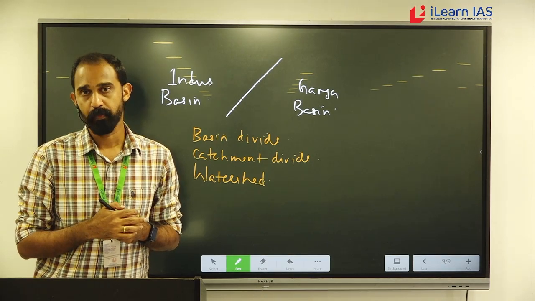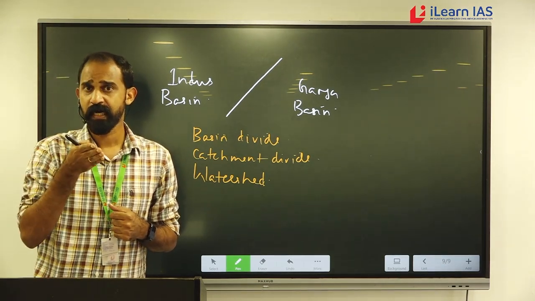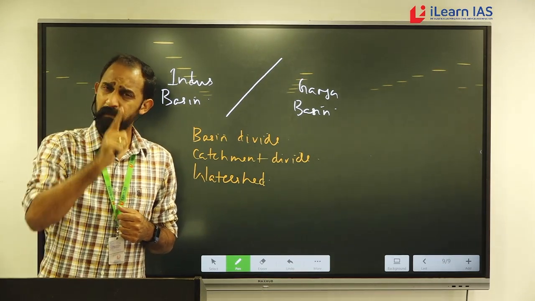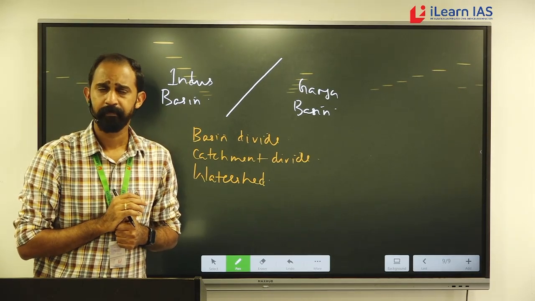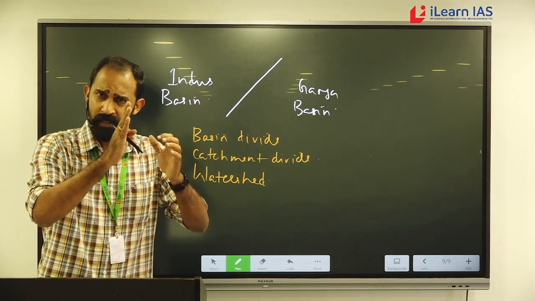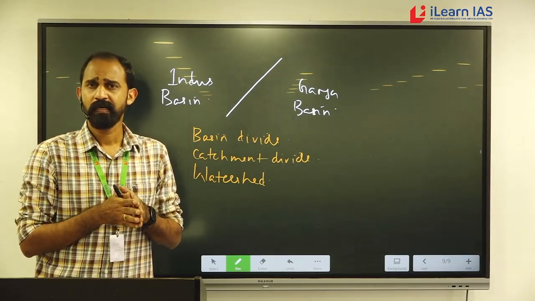Here the watershed as water divide means a mountain or a highland, or in fact it's a line. Water divide is a linear concept.